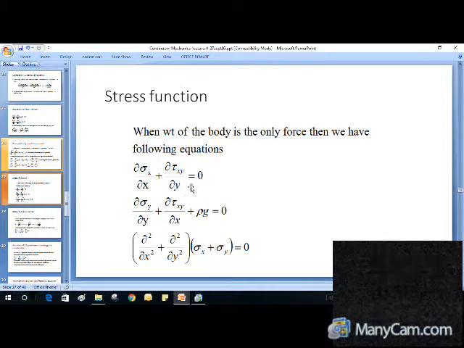And my first two equilibrium equations, where only vertical load is applied, are these two, and the compatibility condition is now the third one.